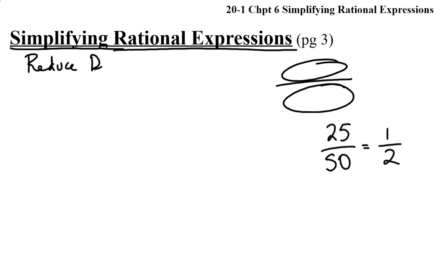And if we think, if rational expressions are fractions, let's go back to something nice and easy, 25 out of 50. There's a fraction. What does it mean to simplify? It means to reduce, to make the numerator and denominator smaller, a little easier to understand. So that's what we're looking at doing here: we want to reduce the numerator and denominator by a common factor.